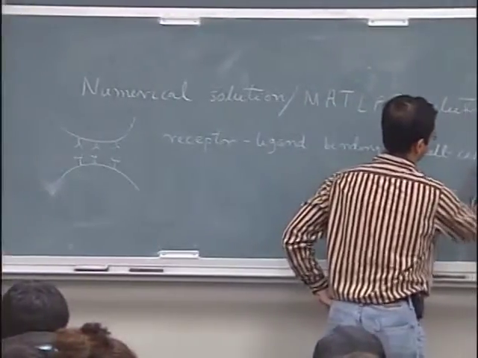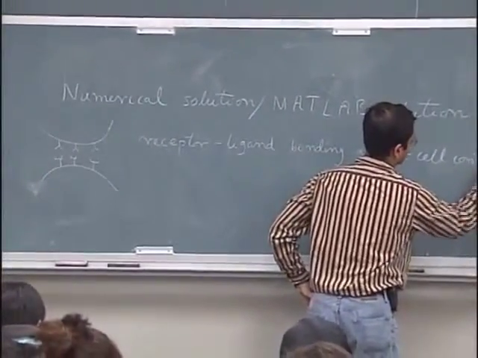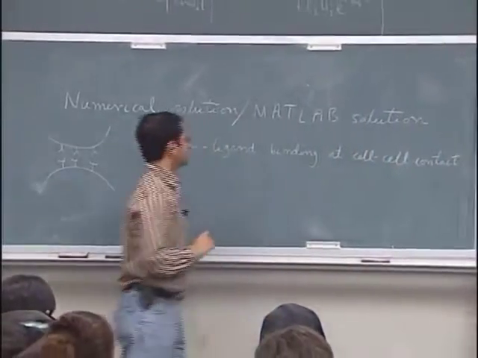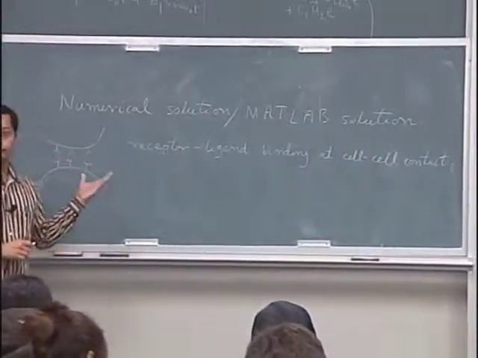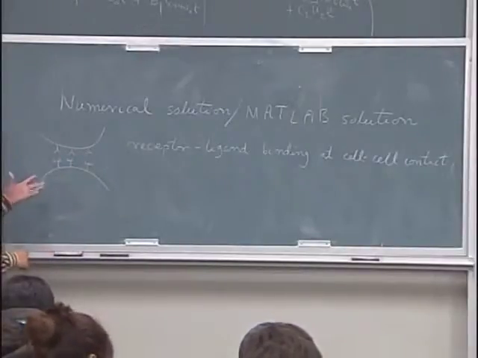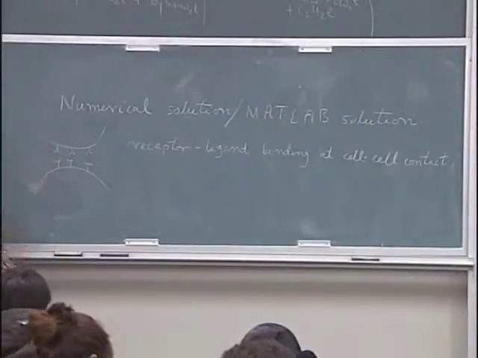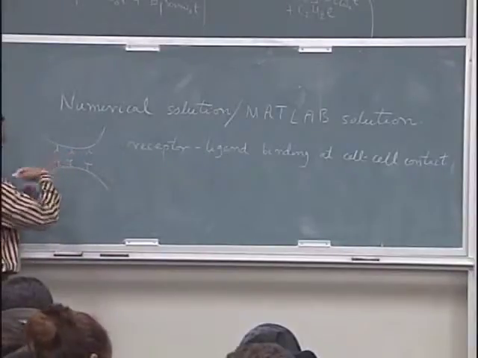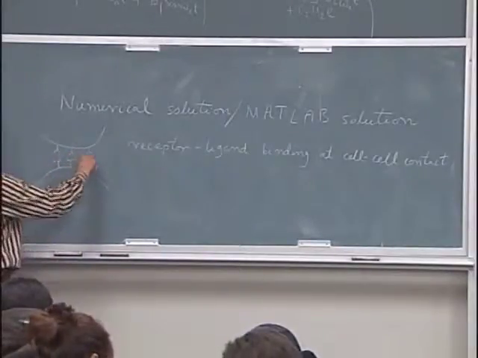Cell. So definitely this is a very, very common biological process. It happens all the time. Like whenever a cell is interacting with a second cell, these two cells exchange information through this receptor ligand binding.